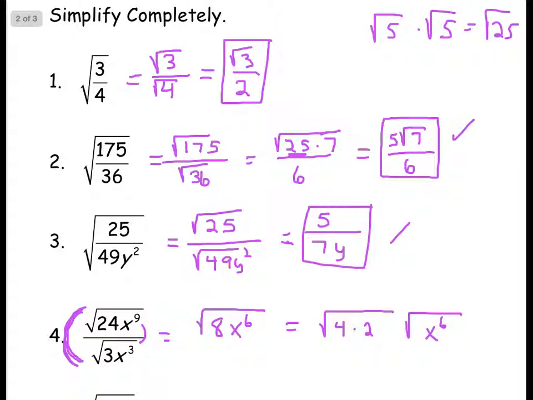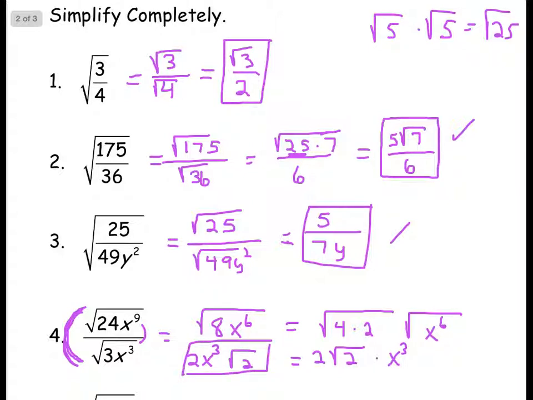The square root of 4 is 2, so I'm left with 2 radical 2, and the square root of x to the 6th is x to the 3rd. If I put it all together, it's 2 x to the 3rd radical 2, and that is my answer.